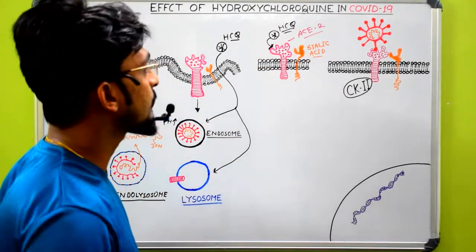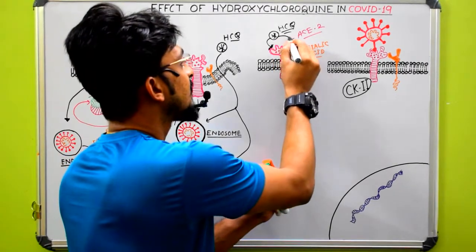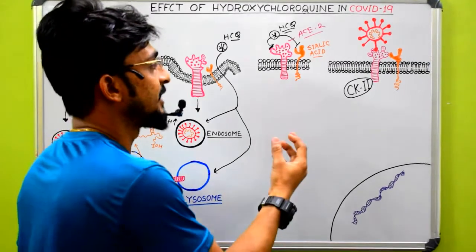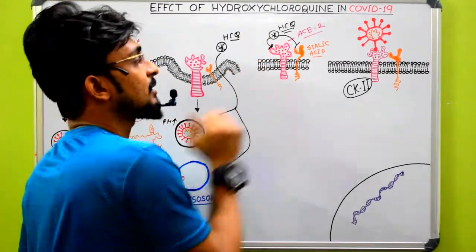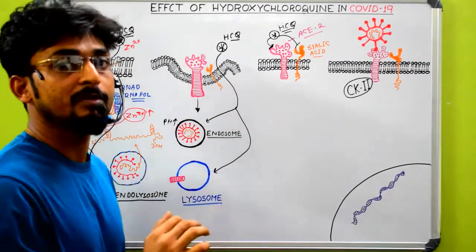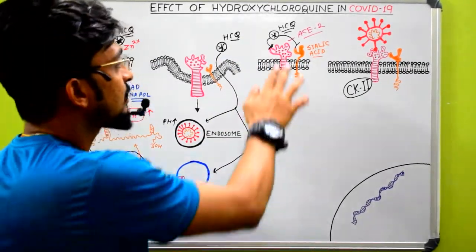So the hydroxychloroquine can also bind with this sialic acid and prevent its activity. Ultimately, the proper attachment of the virus with the ACE2 receptor will not occur. Okay, so this is working in two ways.